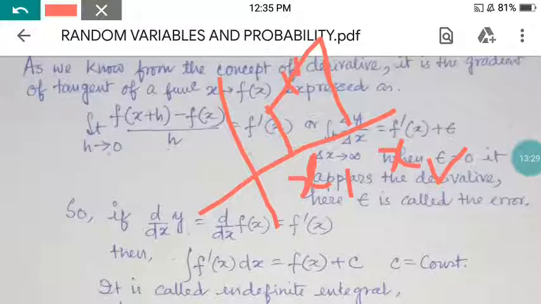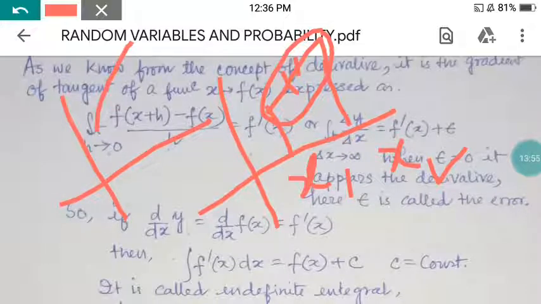If the curve is increasing in nature, what are the parameters to be measured? The eccentricity, the nature of increasing or decreasing, right? If the derivative is positive, it means the gradient of the tangent is positive. It means that the probability density function shows some upcoming nature.